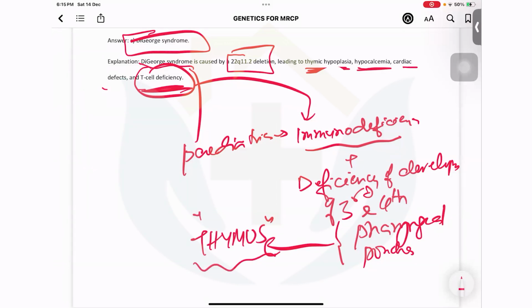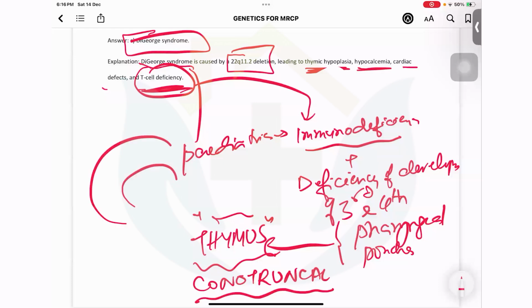So there are problems with thymus development. Then there are conotruncal abnormalities. Conotruncal means the aorta and the pulmonary artery. Now these are problematic. So truncus arteriosus, tetralogy of Fallot, interrupted aortic arch, ventricular septal defect, they all can occur in DiGeorge syndrome.